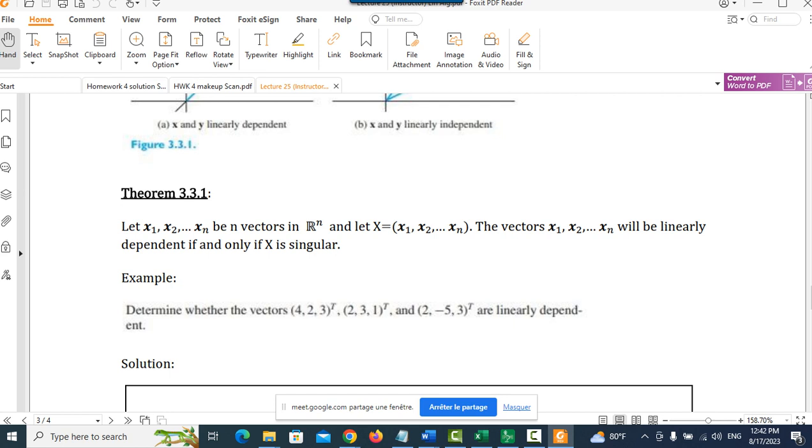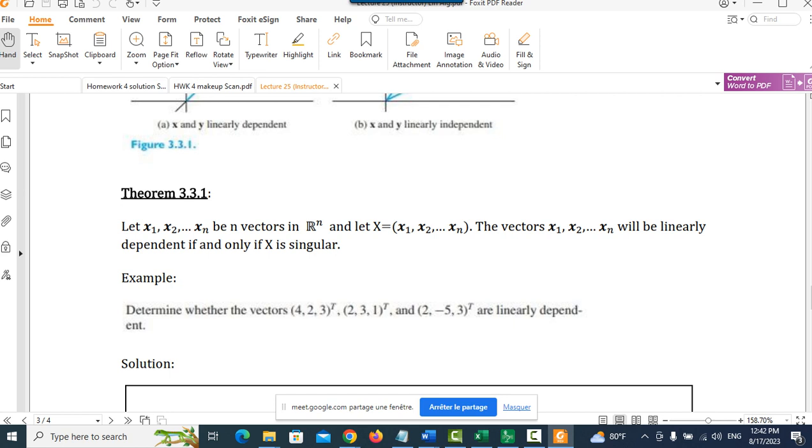Now, Theorem 3.1.1. Let x1, x2, through xn be n vectors in Rn, and let X be a matrix formed by the vectors x1, x2, through xn.